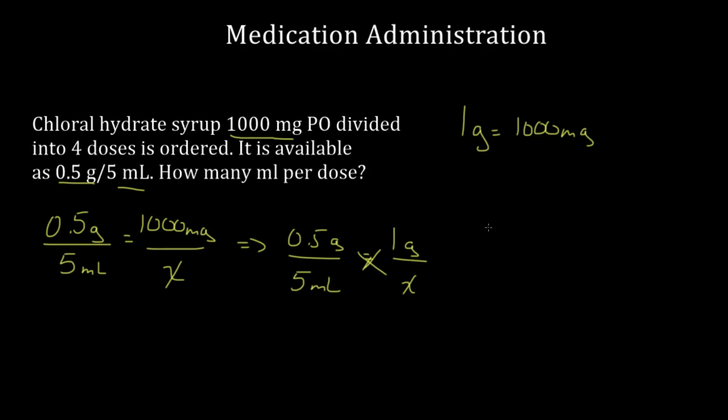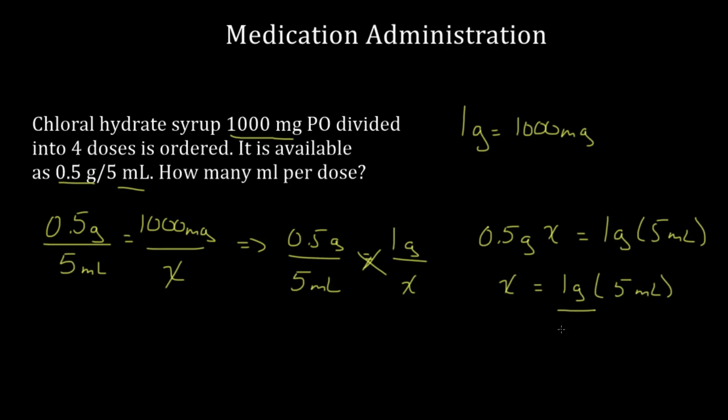So we have 0.5 grams times x is equal to 1 gram times 5 milliliters. So x is going to equal 1 gram times 5 milliliters divided by 0.5 grams.